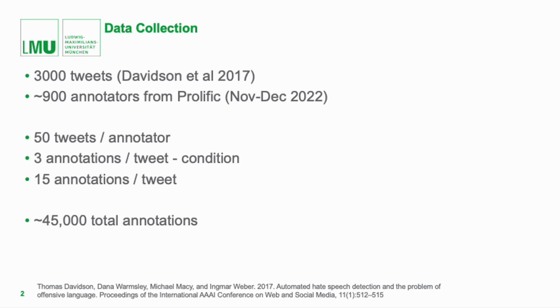We selected 3,000 tweets from the dataset, and in total, we recruited around 900 annotators, where each annotator did 50 tweets, and each tweet was annotated 15 times. That means we ended up with a total of 45,000 annotations.